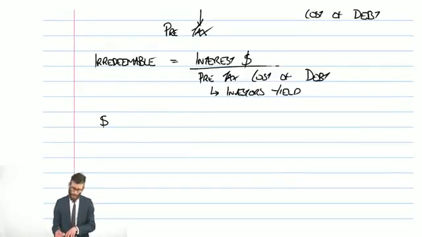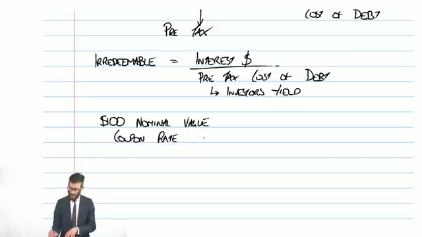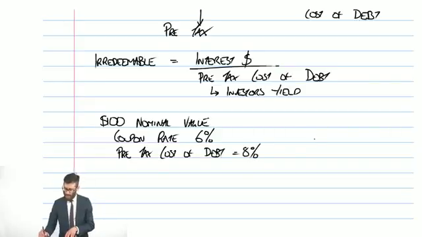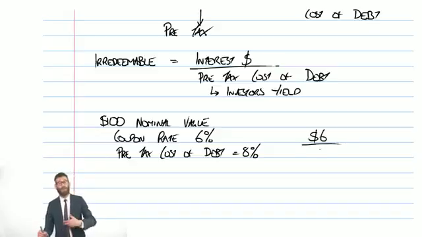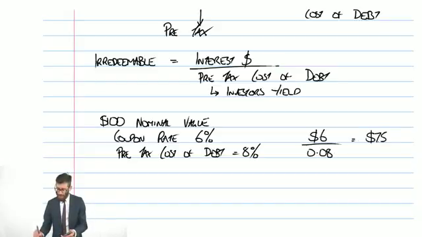So if we had a $100 nominal value and it had, let's do what I did before, a coupon rate of 6% and the pre-tax cost of debt equals 8%, then we're looking at $6, because the coupon on a $100 loan note is essentially the same thing, divided by 0.08. This will be trading at $75, below par.